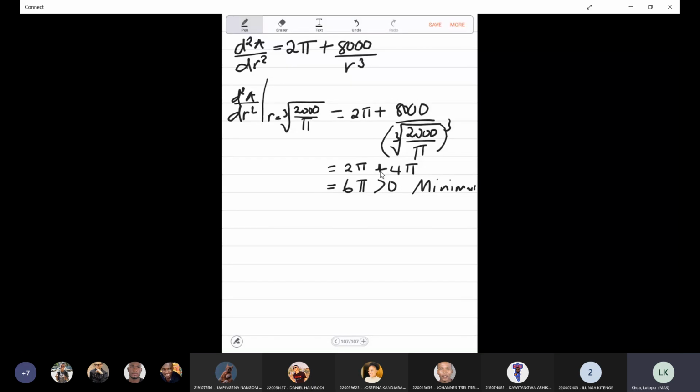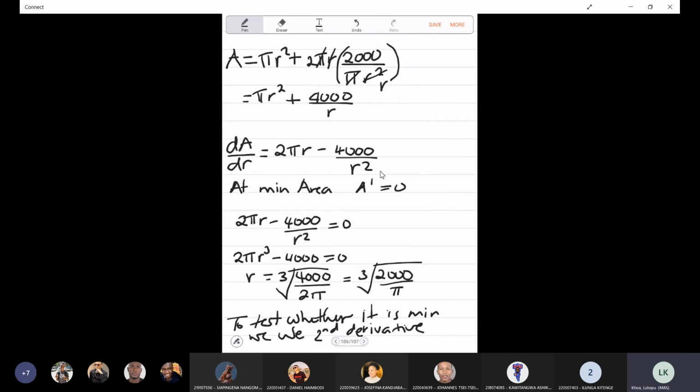Okay, so now that we know that we do in fact have a minimum when the radius is the cube root of 2000 over pi, we can work out what the minimum area should actually be. So now the minimum area, we use the formula for the area. The formula for the area is this one here.